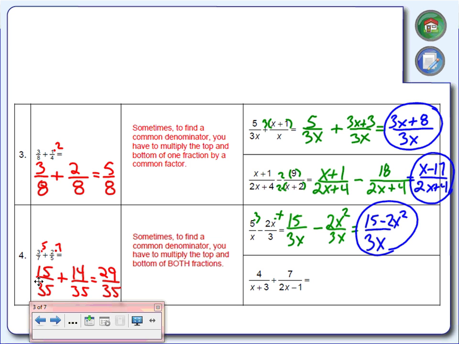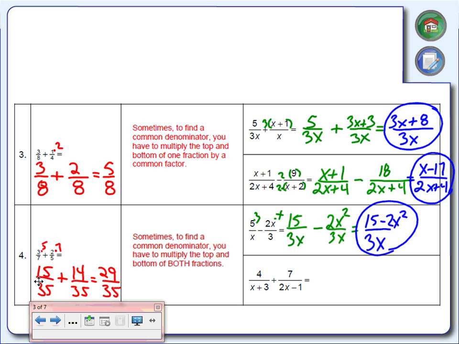Okay, let's take a look at one more here. Again, no common denominator yet. So what is that common denominator? Here it gets a little tricky. Look over here at what we did with this first fraction.